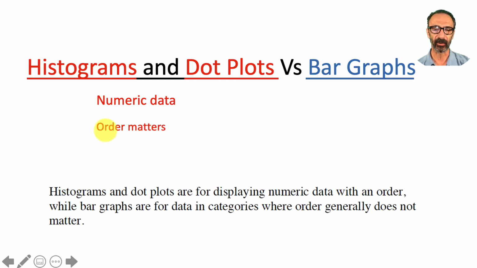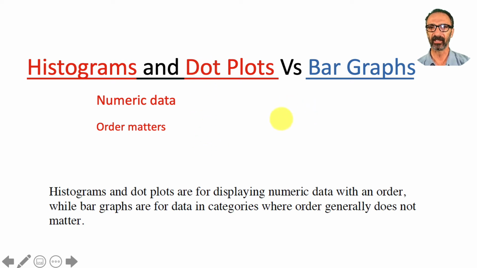So yeah, order matters. Dot plot, if you remember, we talked once about how many bits do you have, and on the number line you go like 0, 1, 2, 3, 4, 5, and if you have, let's say, 17 students who say we don't have any bits, that's going to be on top of the 0. You just stack 17 dots and so on.